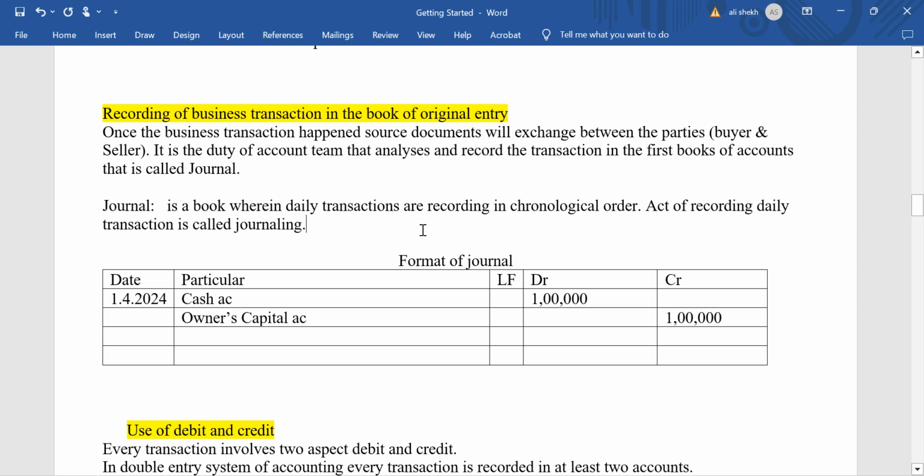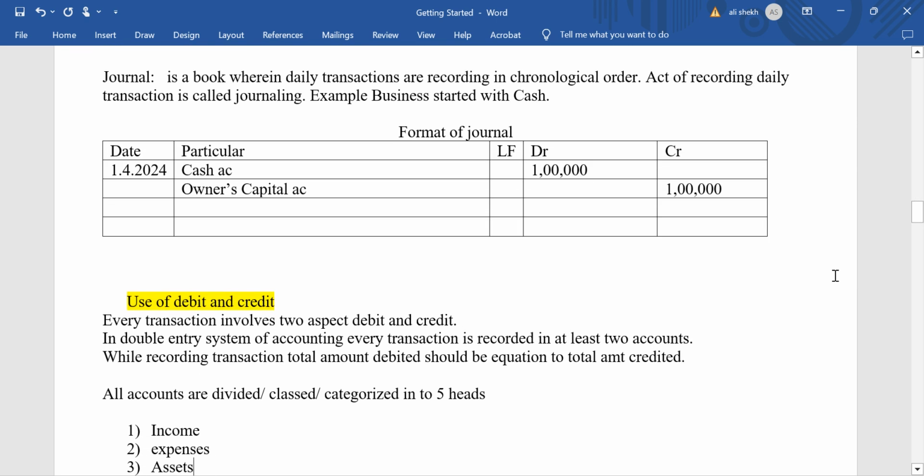Started business with cash. So the journal will be as shown below.